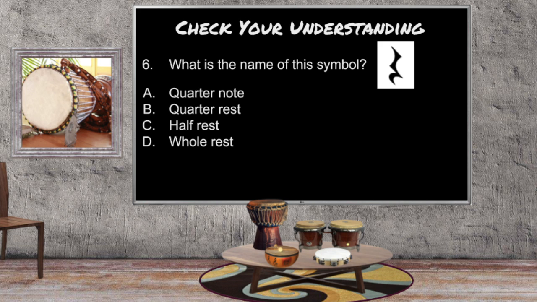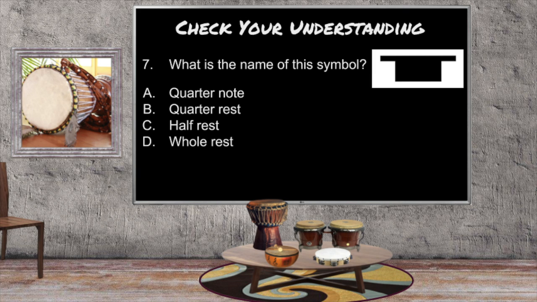Number 6. What is the name of this symbol? A, quarter note, B, quarter rest, C, half rest, D, whole rest. Number 7. What is the name of this symbol?